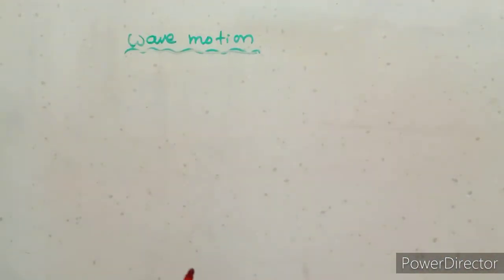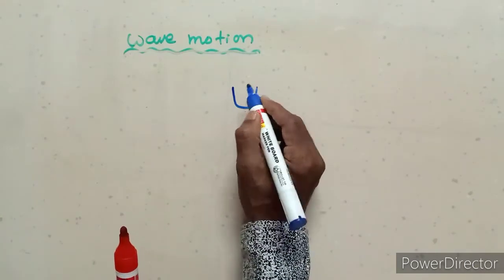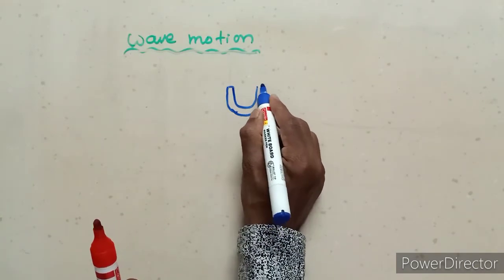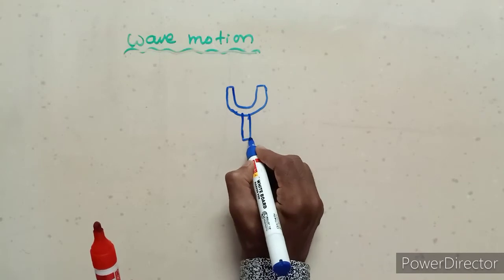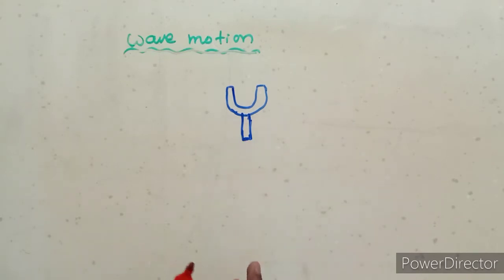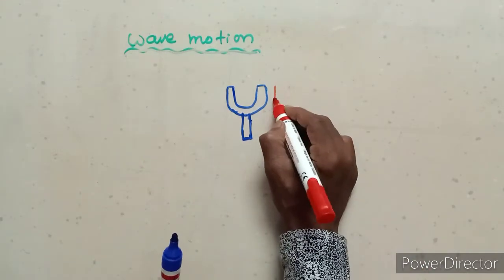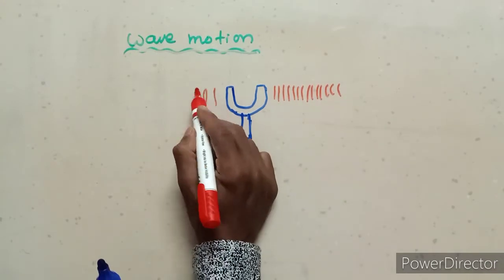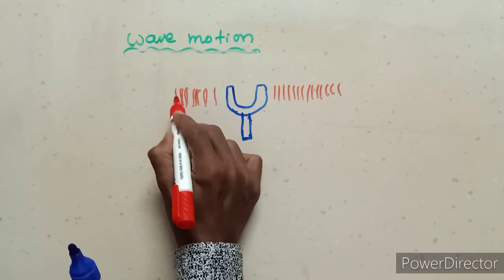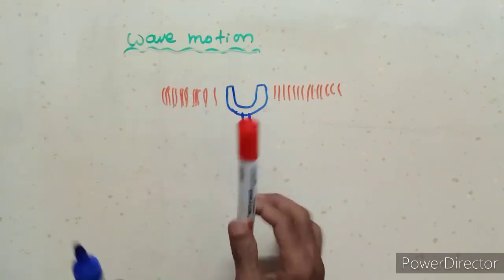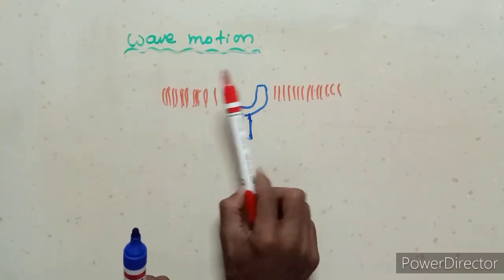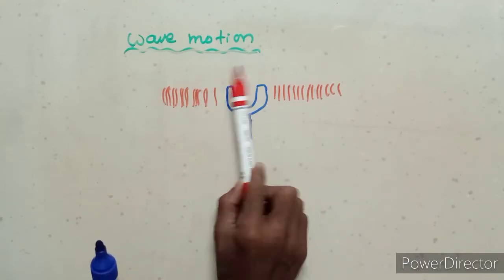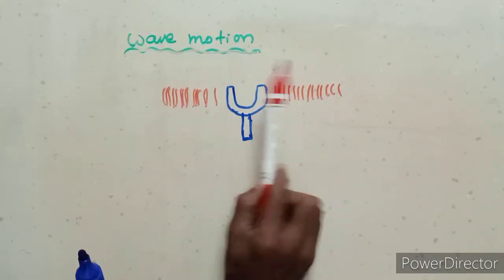Some examples. This is the tuning fork. The tuning fork is hit with a rubber hammer, and the waves are produced. The tuning fork vibrates with this type of vibration.